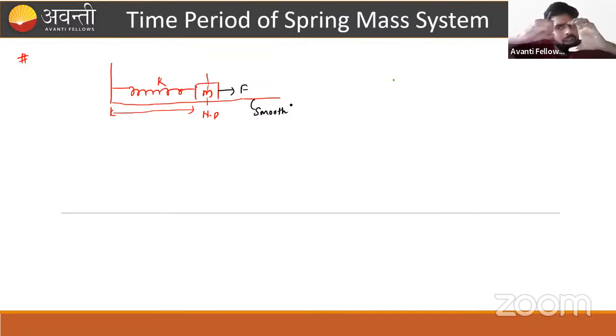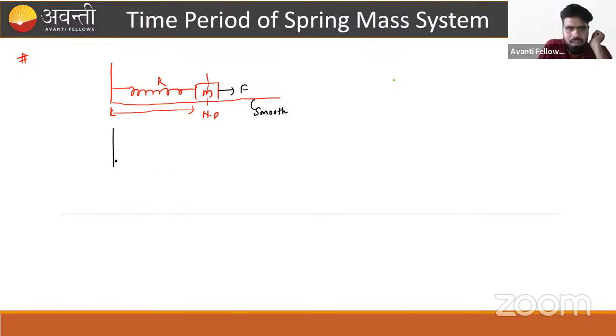As we apply an external force, this force wants to pull the block. When the block is pulled, the spring will come to its elongated position, and once the spring enters its elongated position, the spring force comes into picture.